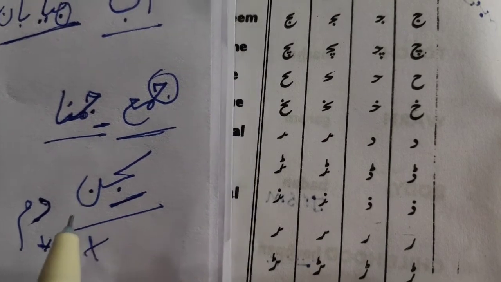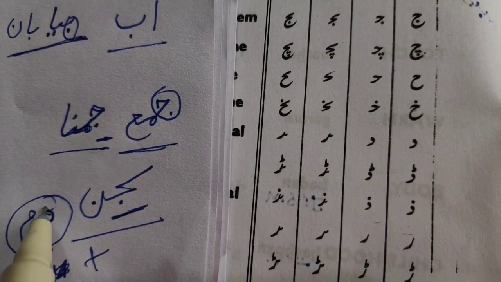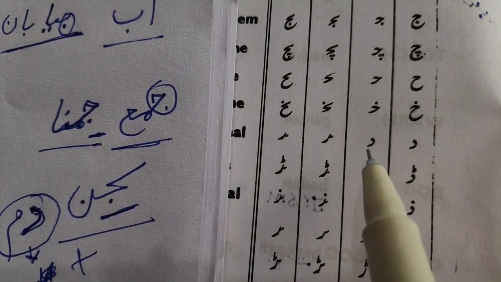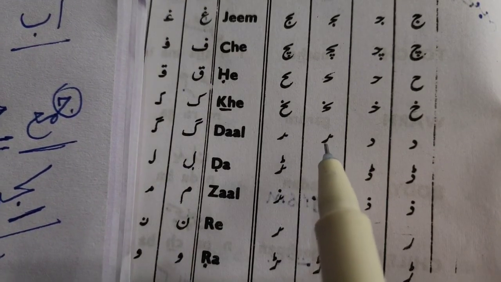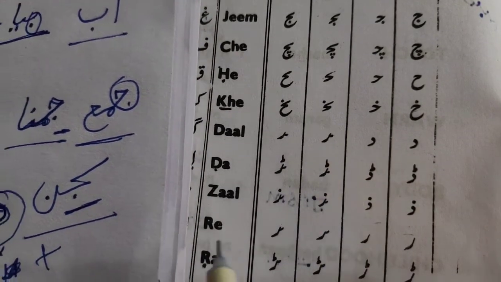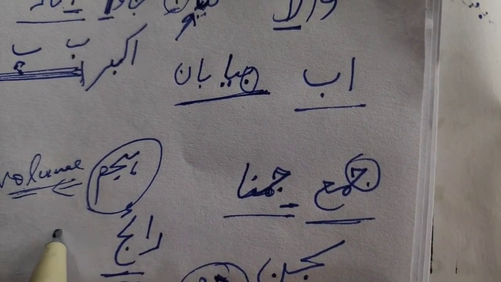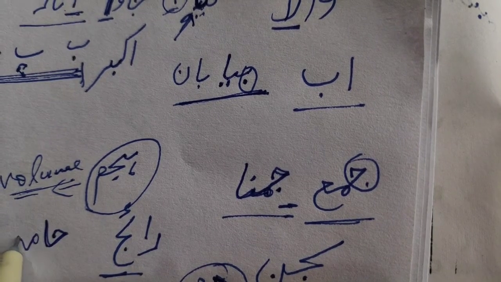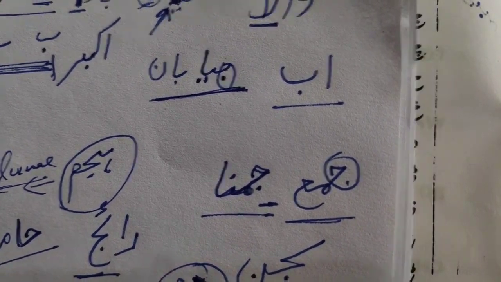So here is the letter dum, and dal looks like this in initial, like this and like this. And how does dal look when in medial? If anyone's name is Hamid, then how does it look? Hey, alif zabar ha, mim, and dal. This is dal, Hamid.